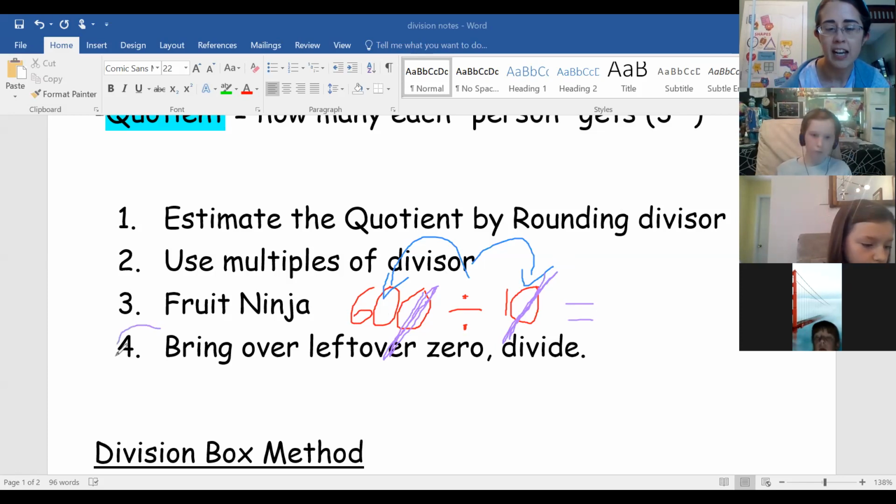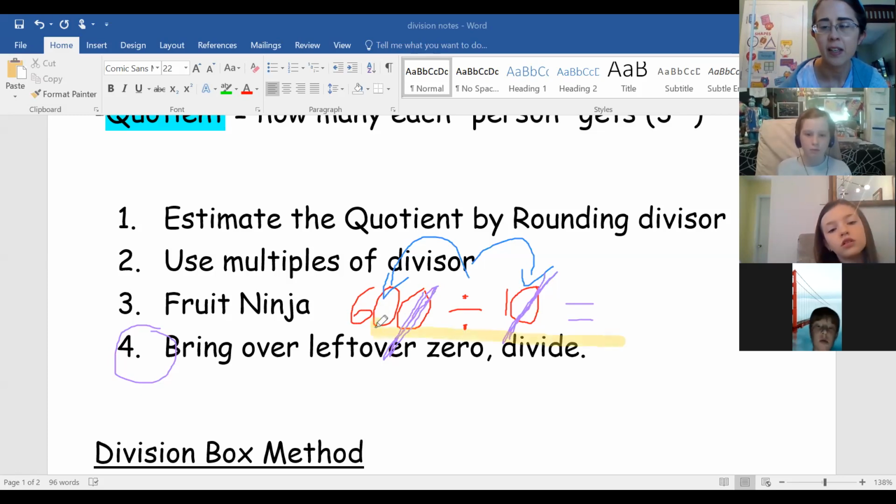And then step 4, Dashel says, bring over... want to read step 4 for us one last time? Sure. Bring over leftover 0, then divide.